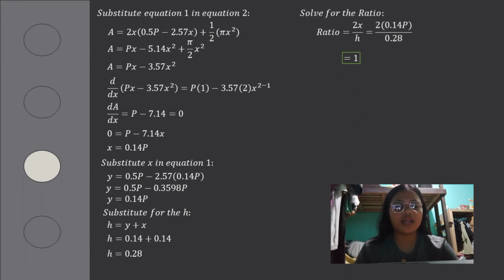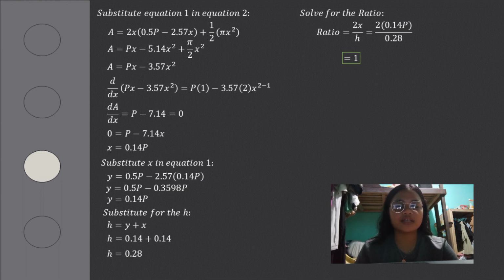So, atong balihon, 0 equals P minus 7.14x, then x will be equal to 0.14P. So, substitute x in equation 1. Ingani iyang format. Y equals 0.5P minus 2.57 times 0.14P.